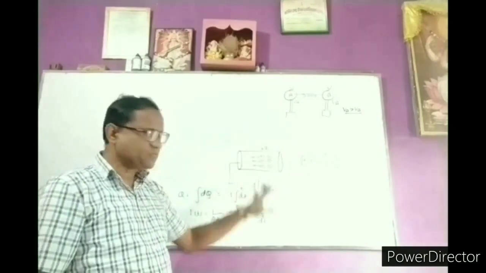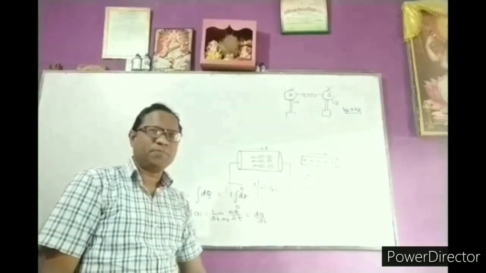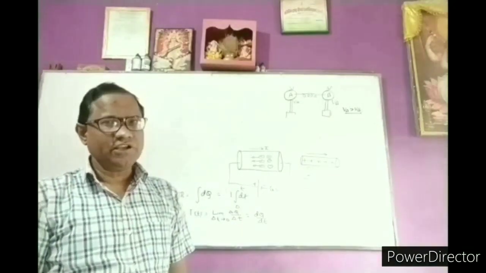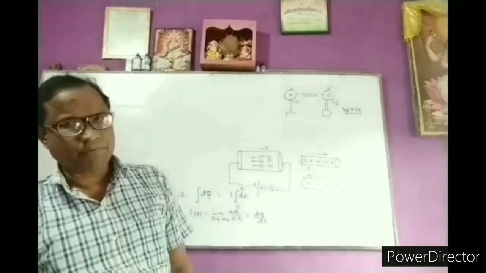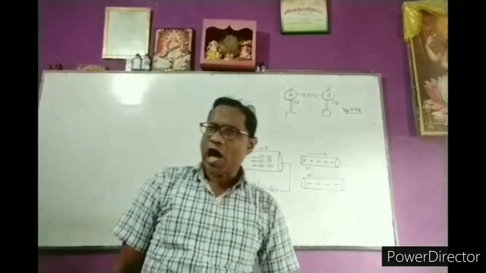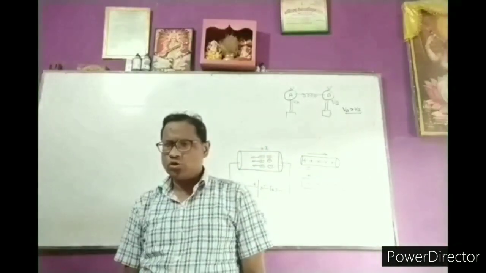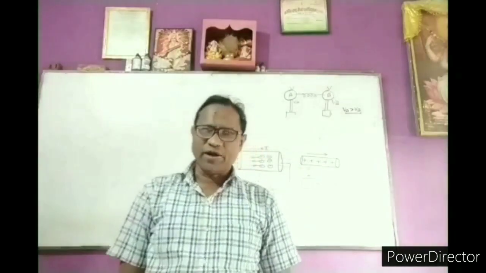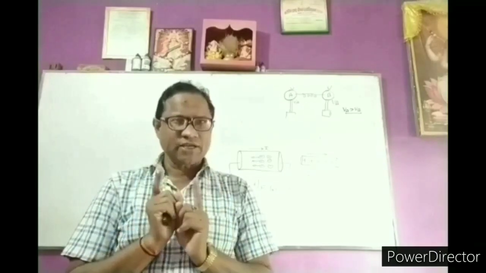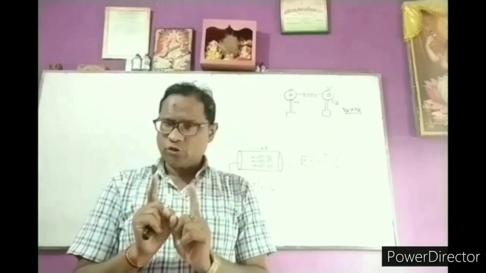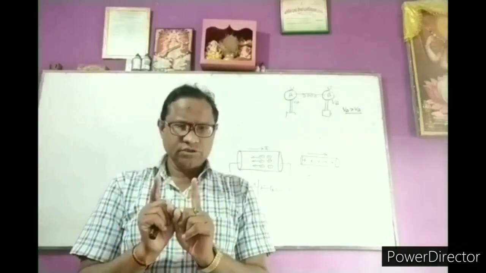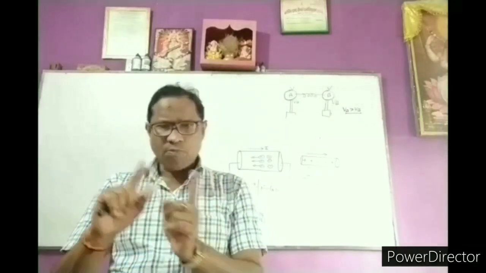So it is clear from this figure that direction of positive charge represents conventional current and direction of negative charge, meaning electrons, represents electronic current. Both are in opposite direction to each other. However, a negative charge moving in one direction is equivalent to an equal positive charge moving in the opposite direction.